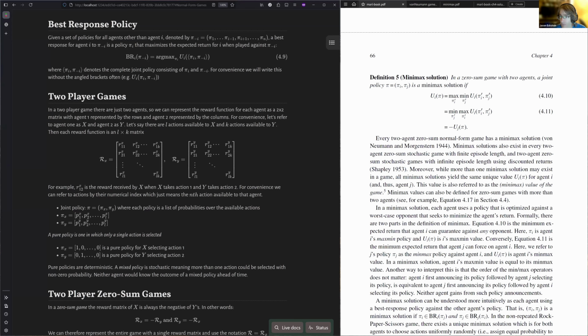And really, selecting between the equilibria is, I think, a lot of the focus of this book, and of multi-agent learning in general: defining which equilibrium we actually care about, and how we create an algorithm that produces the equilibrium we care about. At least from what I've read so far, that's my understanding.